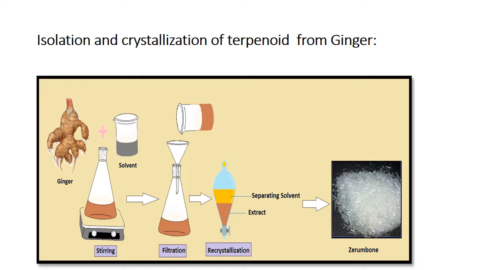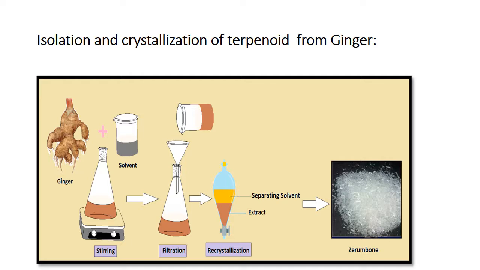Here in the figure, the recrystallization of the terpenoid is shown, and the name of that terpenoid is zingerone, and it is obtained in the form of crystals. In the previous slide we saw how extraction is done using the separating funnel.